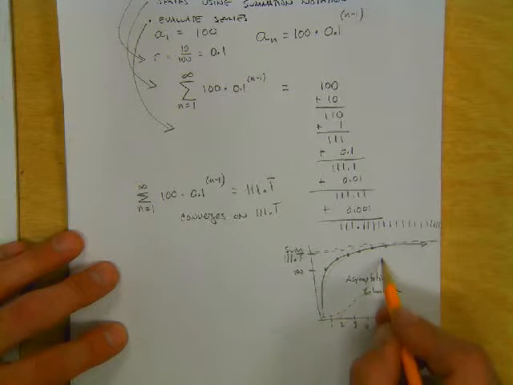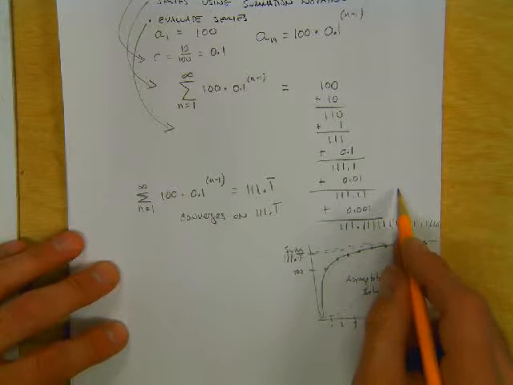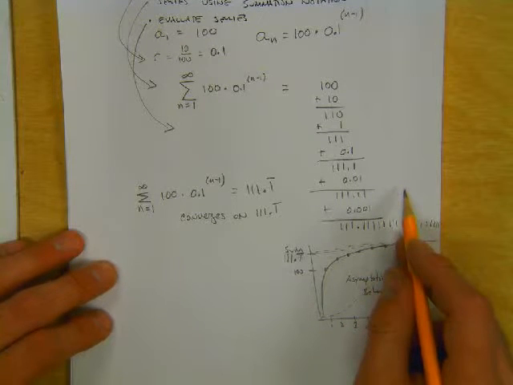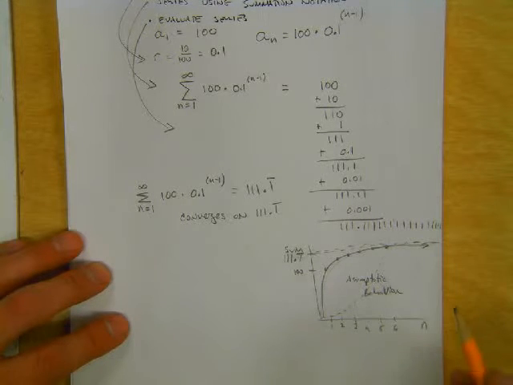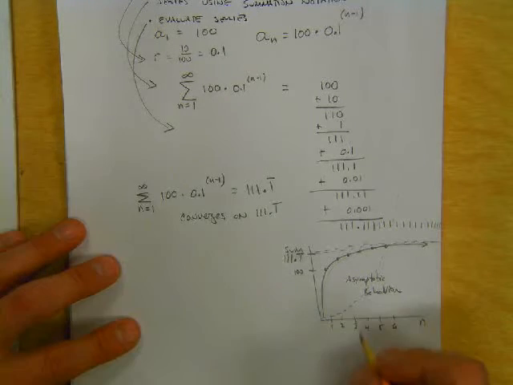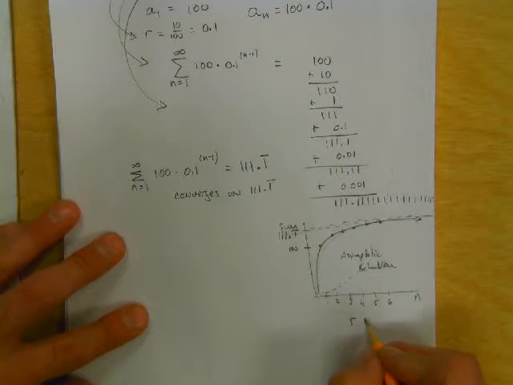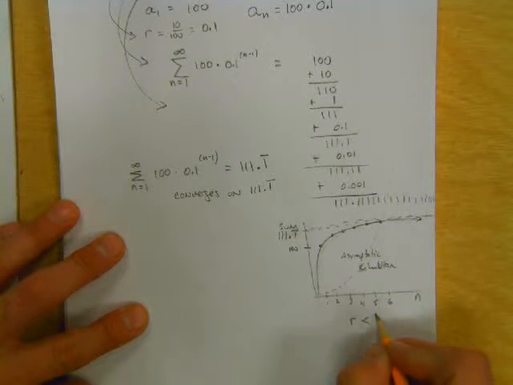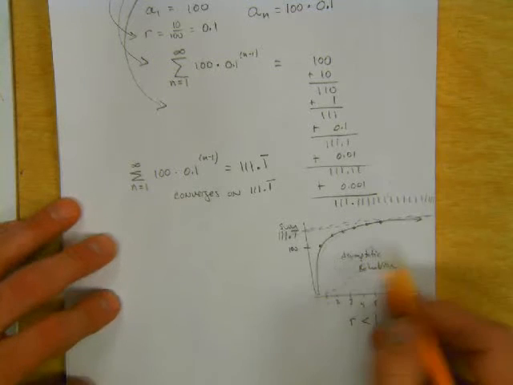It grew exponentially and it diverged. It exploded. It just got bigger and bigger and bigger. And the question would be, what's the difference between that one and this series? And the difference is that the R value for this series is less than 1. And that's what makes this converge.